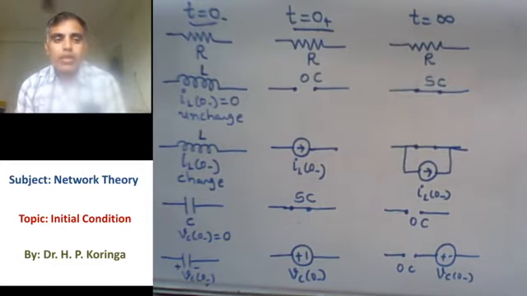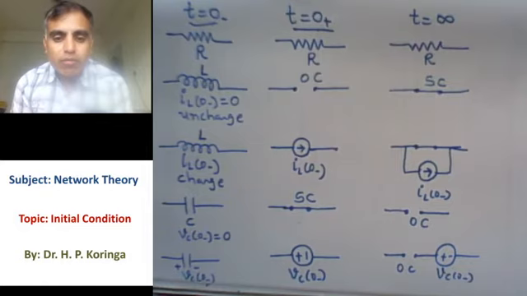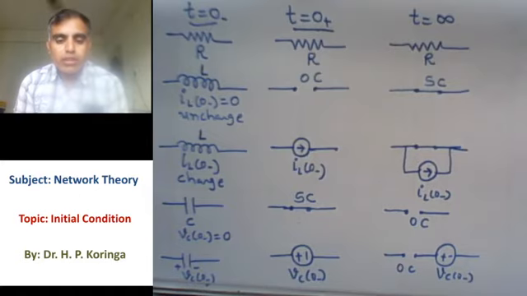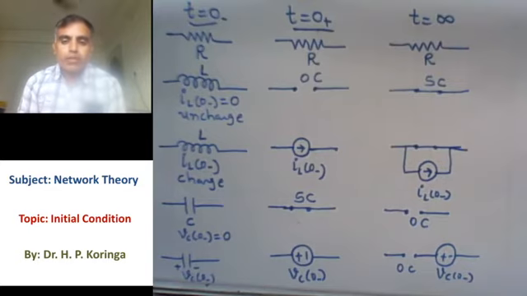Whatever the current at t equal to 0 minus time, it will work as the same value current source at t equal to 0 plus time. Similarly, the capacitor does not allow an instant change in voltage. So whatever the voltage at t equal to 0 minus time, it will work as the same voltage source at t equal to 0 plus time.